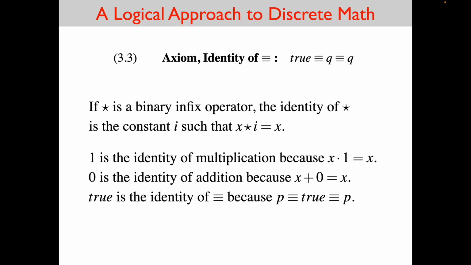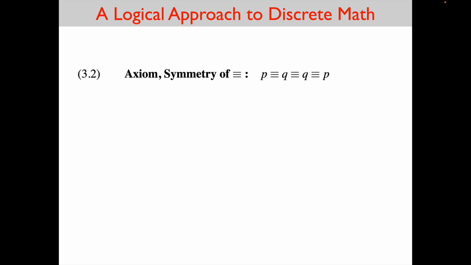Now this is slightly different from 3.3 because 3.3 has true equals Q. But here it looks like it's P equals true equals P. But we can swap the true and the Q in 3.3 because of the symmetry axiom 3.2.